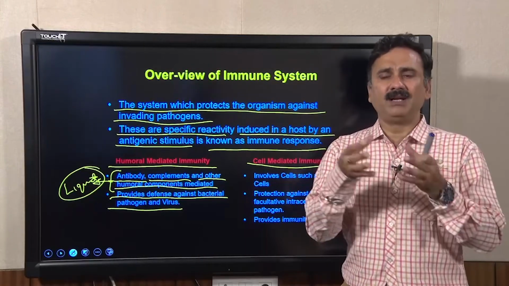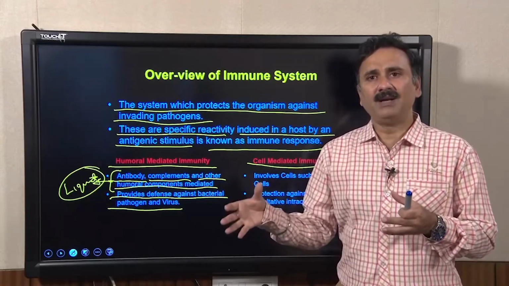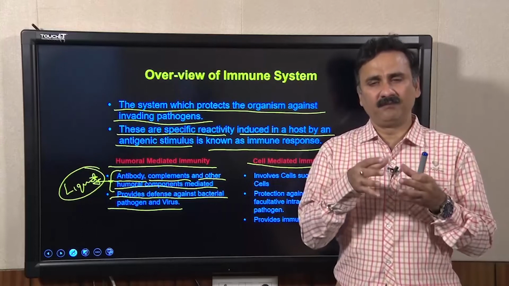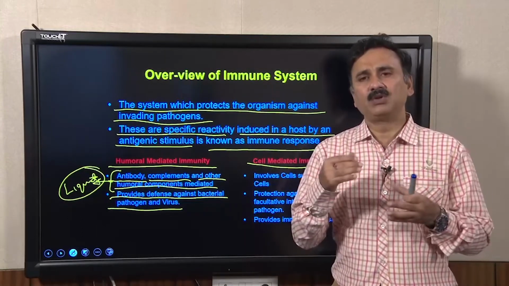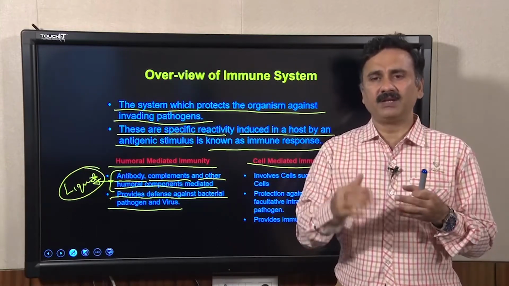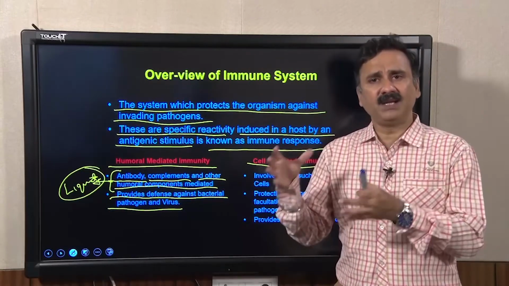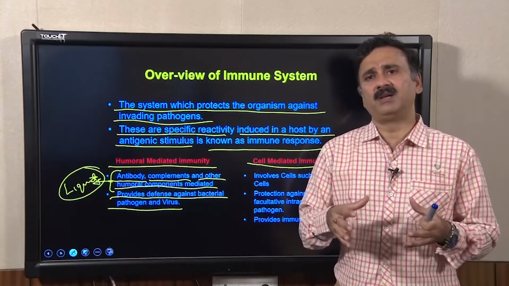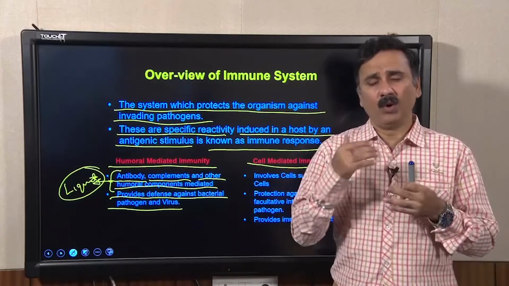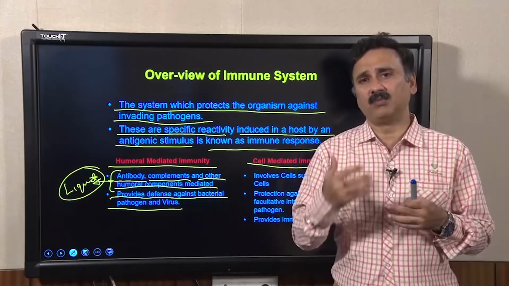Similarly, if there is a bacterial infection, the complement and the related system are activated, and that is how they destroy the bacterial cells. The humoral response always takes help from the cell mediated response to create a more robust and long lasting response.